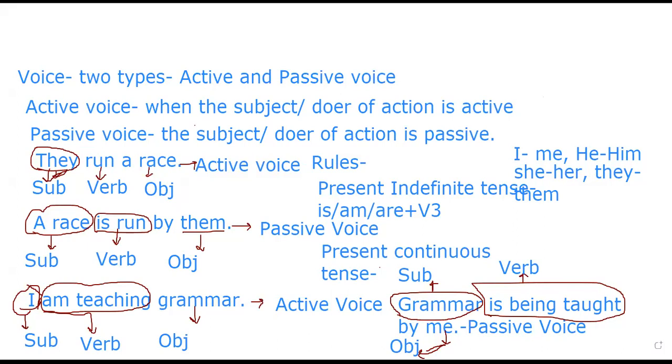So present continuous tense में what we do, we use is, am, are, plus being, plus verb's third form.